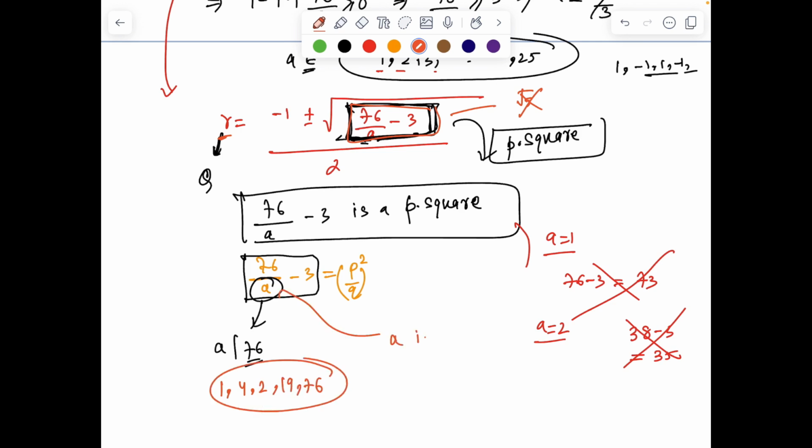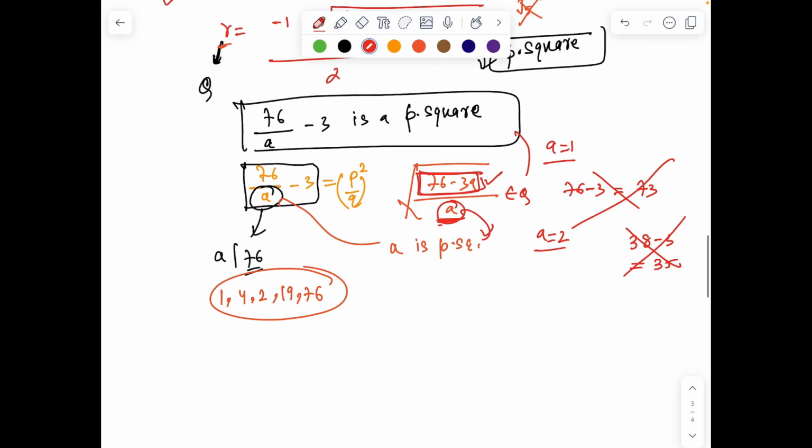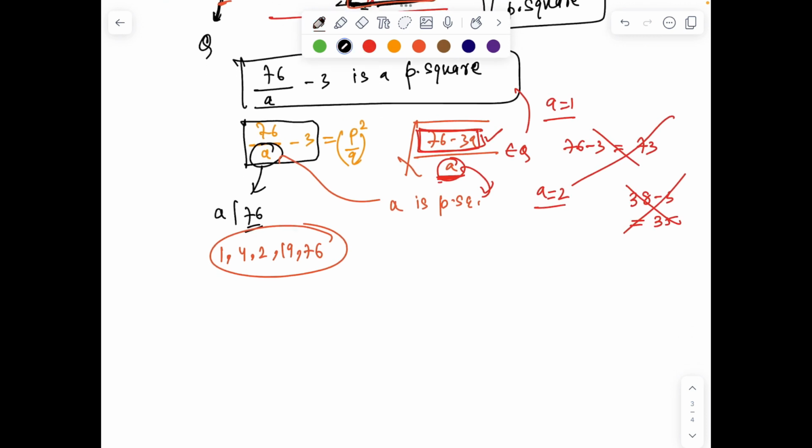Or a itself is a perfect square. Why? Because if we take the LCM, 76 minus 3a by a, suppose a itself becomes a perfect square, then there is a possibility of getting a root. So there are possibilities like, let's say, a becomes 4 or 9. Under that condition a also becomes a perfect square, otherwise it belongs to irrational numbers. Okay, this can be proved in a more rigorous way also, but here I hope you have understood that these are the only possibilities.